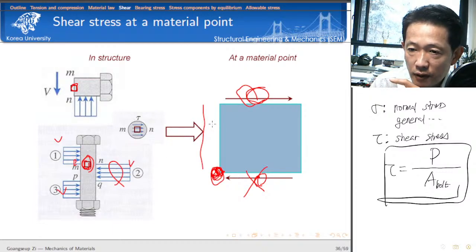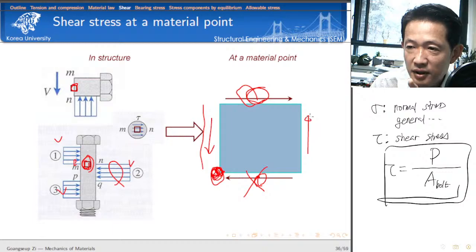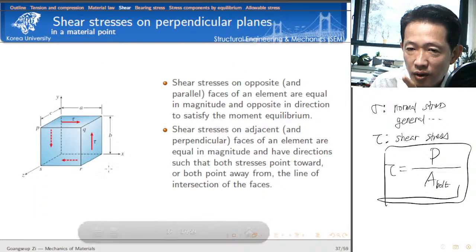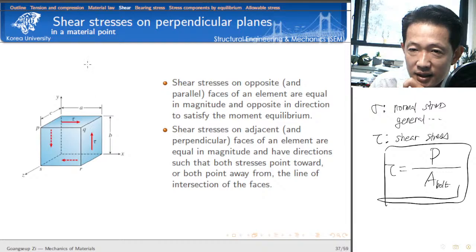So in the case of shear forces, we need to have a set of shear stresses in the vertical directions too. So the characterization of shear stress is like this. We have shear stress components in perpendicular planes too. But then what is its magnitude? The magnitude is exactly the same.